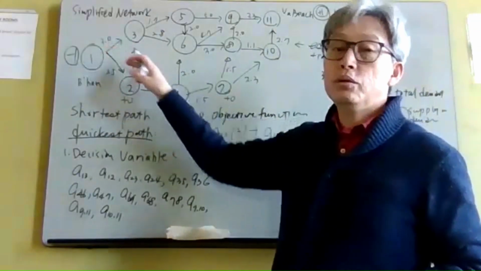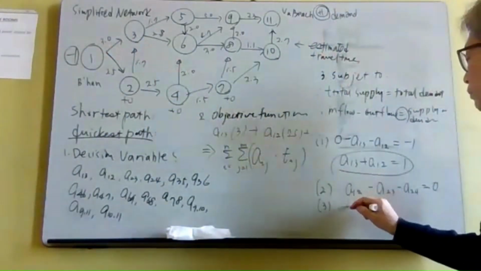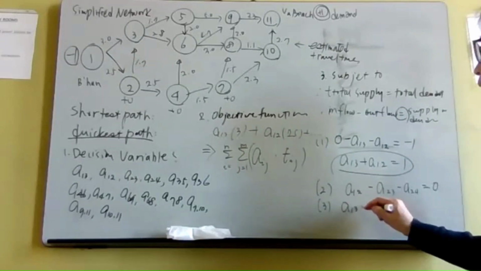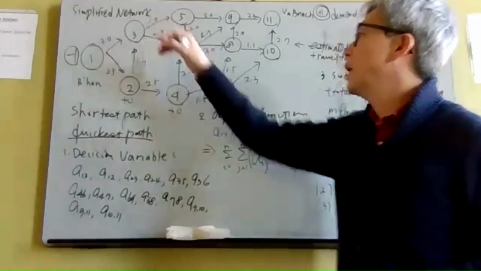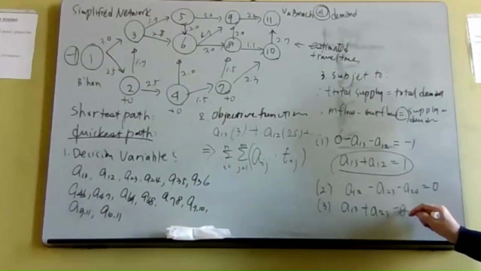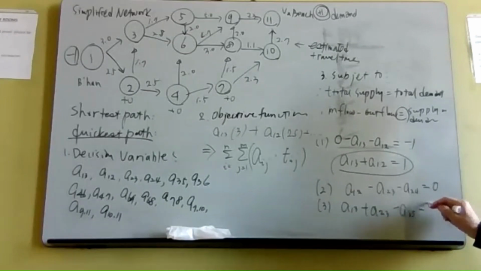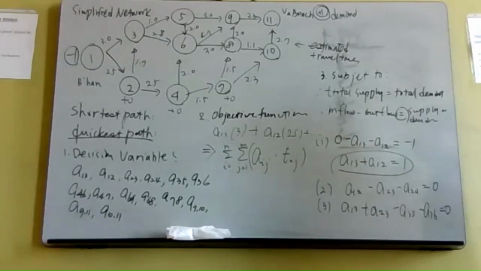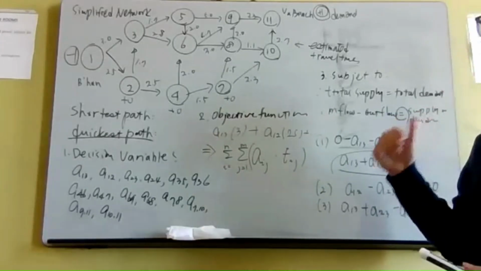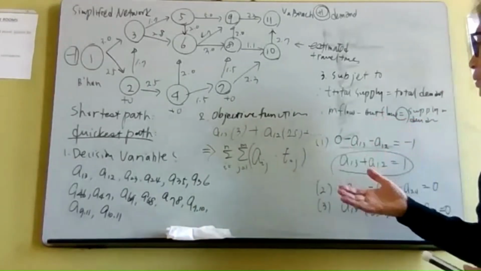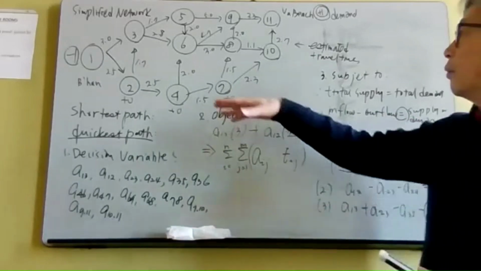We have two inflows, from 1 to 3 and from 2 to 3, and then we also have two outflows: A13 plus A23 minus A35 minus A36 equals 0. You're gonna do the same way to define the constraints for all other nodes.